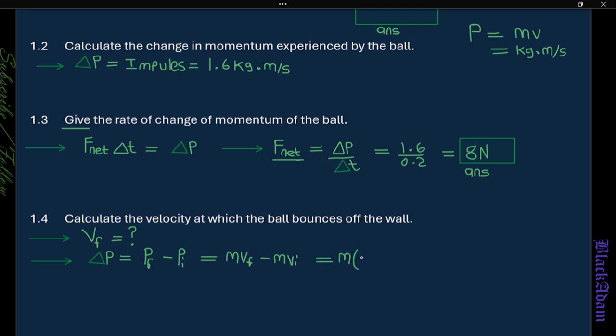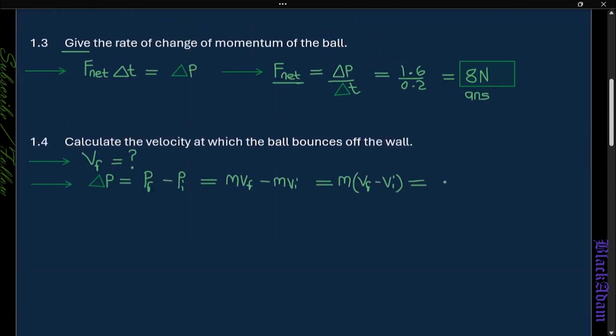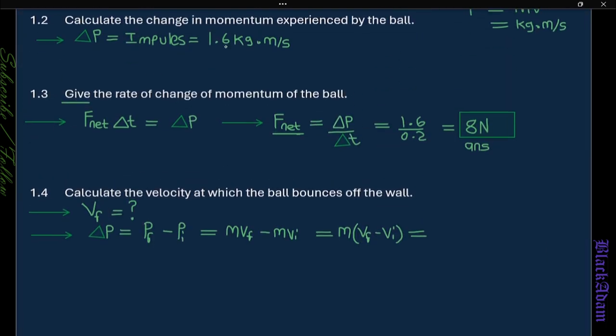We factor out the mass, so it's m times final velocity minus initial velocity. The change in momentum we already have is 1.6, but because it's going in the opposite direction, to the left, it's negative.